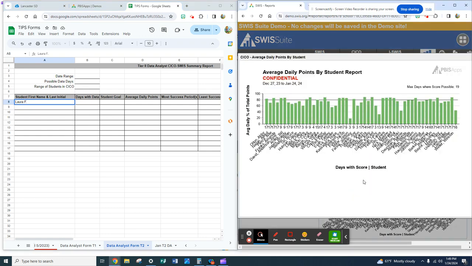So the date range on this starts with December 27th to January 24th. Oh, no, I did it. Sorry, I was on the wrong page. Thought I did it. Okay, so Laura Felton. She's one I'm concerned about.